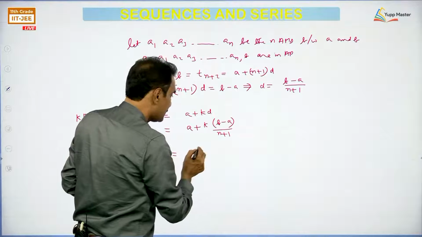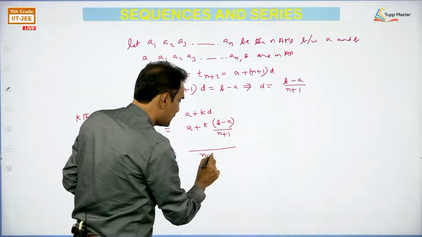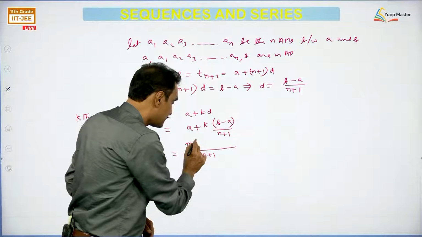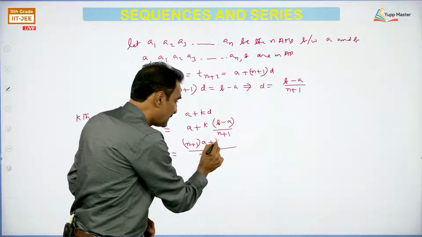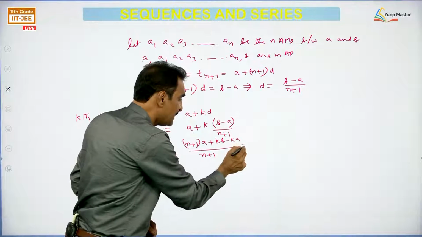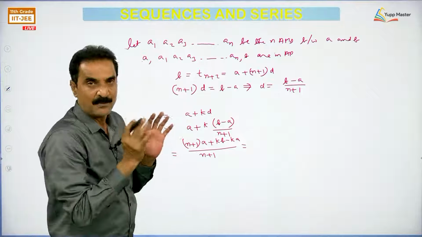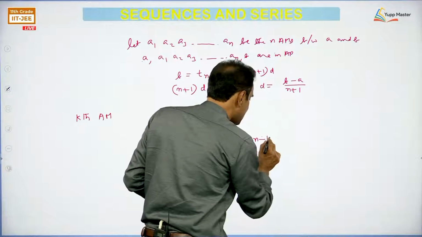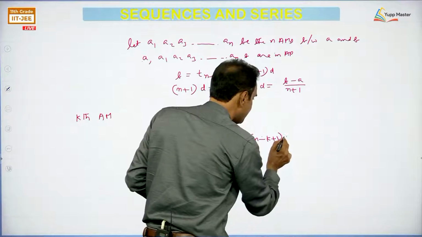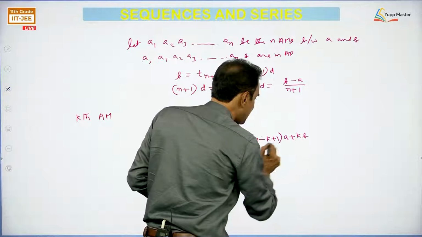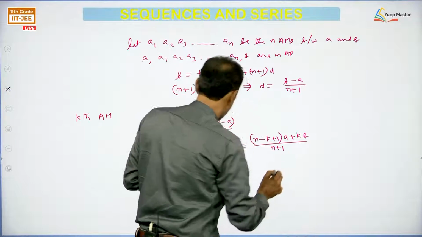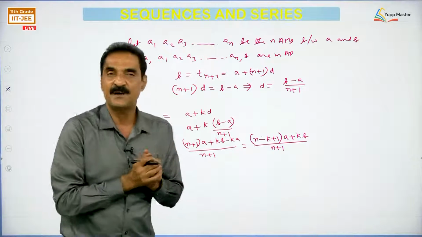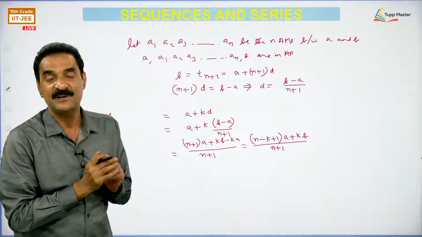Then n plus 1 is the LCM, you will get (n plus 1) into A plus kB minus kA. You can write this in a proper form so you can easily remember: (n minus k plus 1) into A plus kB, by n plus 1. Taking A common from the first and last terms, you will get this. So all of you should remember this formula as the formula for the kth arithmetic mean from left.